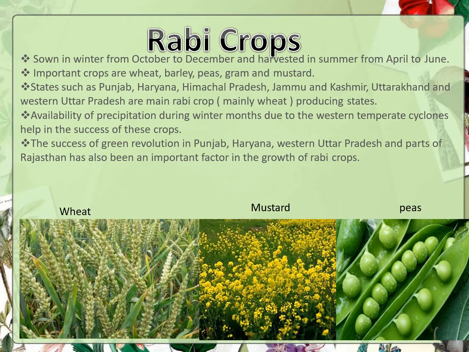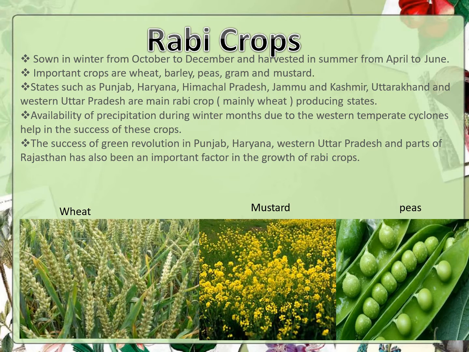Now rabi crop is sown in winter from October to December, and it is harvested in summer from April to June. So if you remember, during the pandemic of COVID, the Prime Minister kept announcing time and again for India that it is the Rabi season and the farmers need to harvest their crop.